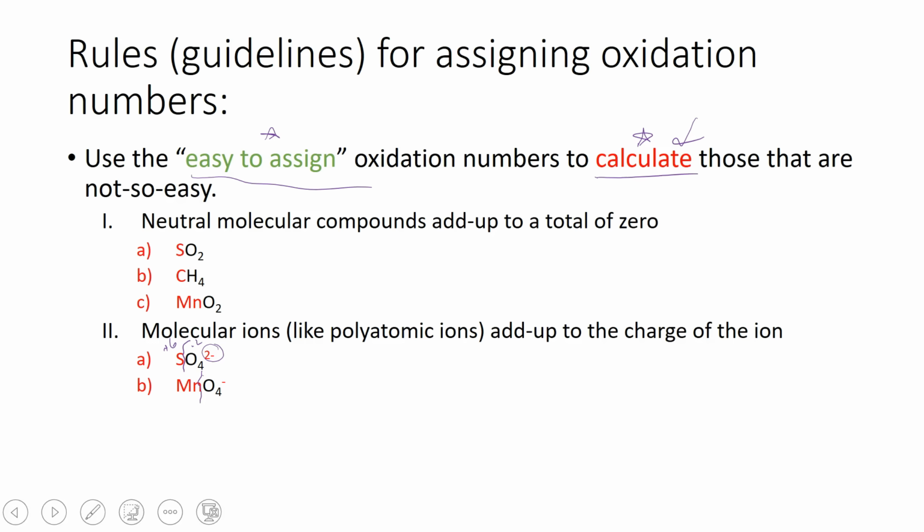So manganese is my X plus 4 times -2 equals a -1. So this would be X plus -8 equals -1. X equals plus 7. Boom. So manganese plus 7, oxygen -2, like it always is.